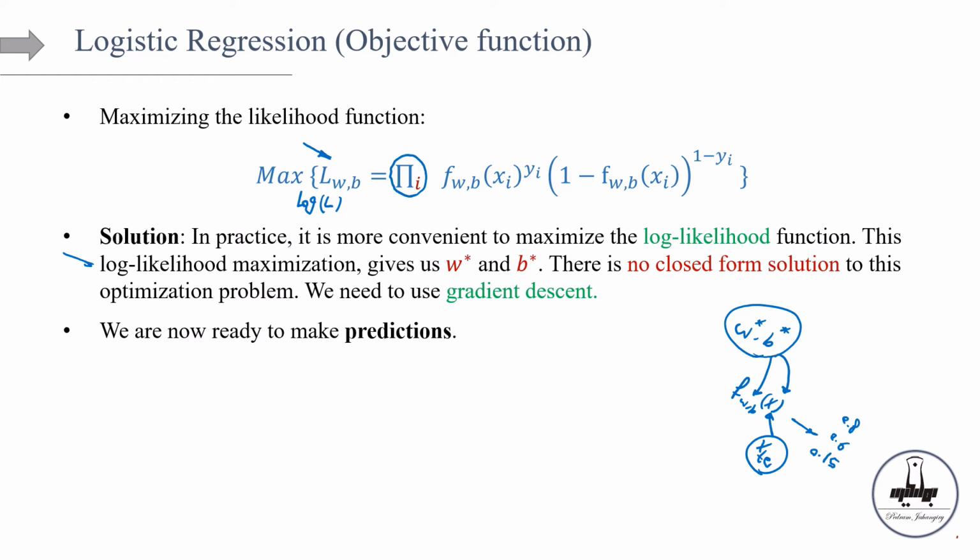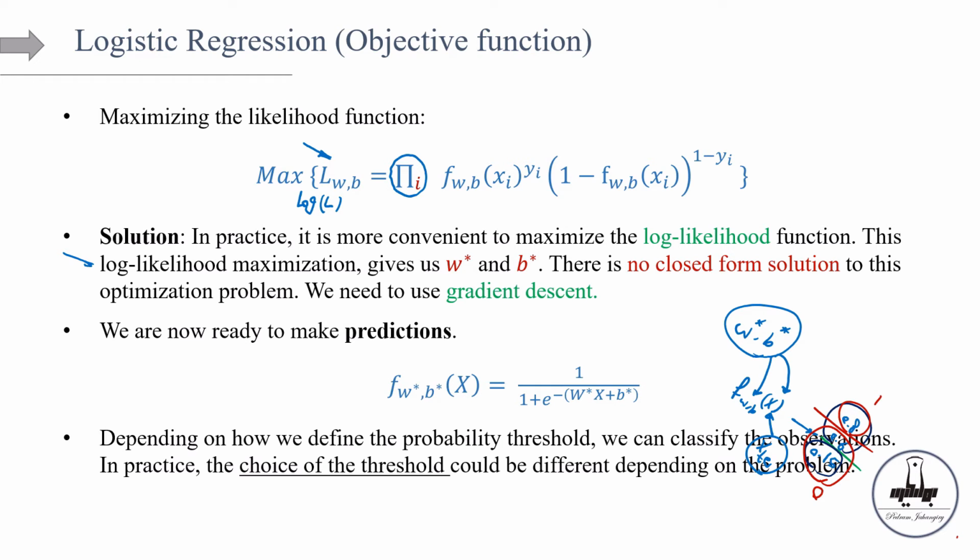And then, depending on how we define a threshold, we come up with the classifier. If the threshold is 50%, these two classes are going to be 1, this class is going to be 0. If the threshold is 65%, then these two are going to be class 0, and this is going to be class 1, right? All right, so let me erase this part.